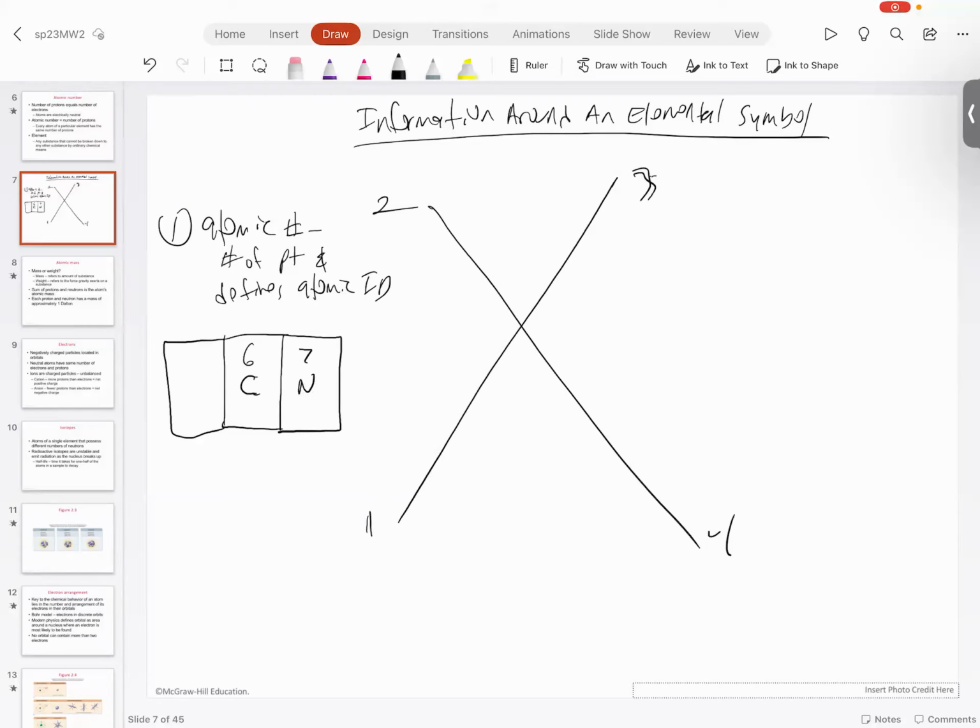If I take a proton away from carbon, am I still carbon? What have I become? You're thinking whatever B is, right? Boron, right? So I cannot change the number of protons I have without becoming something different.